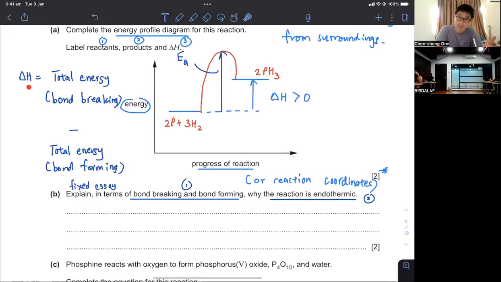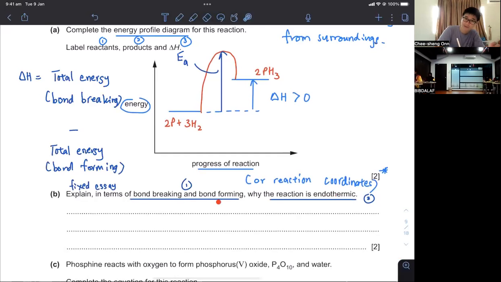They give you the enthalpy change. The reaction is endothermic. Endothermic means it's positive. Positive means big minus small, because big minus small will give you positive. What do I mean by big? I mean the total energy for bond breaking must be greater, must be more than the total energy for bond forming. That is your last point there.